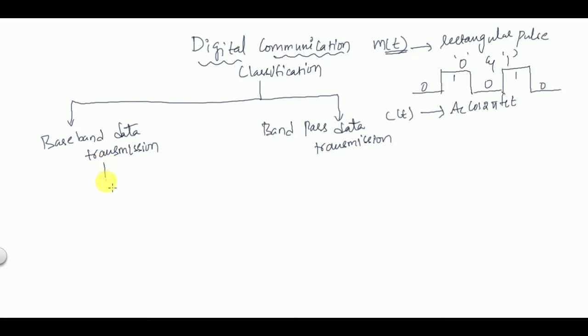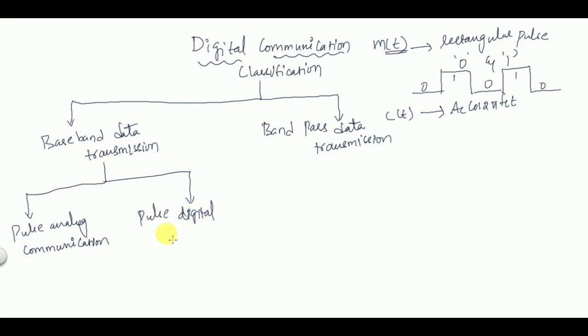And baseband data transmission is again divided into two types. One is pulse analog communication, and second is pulse digital communication. In pulse analog communication we have pulse amplitude modulation, pulse position modulation, and pulse width modulation.